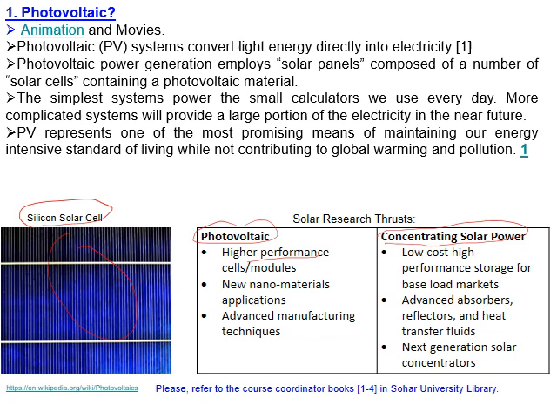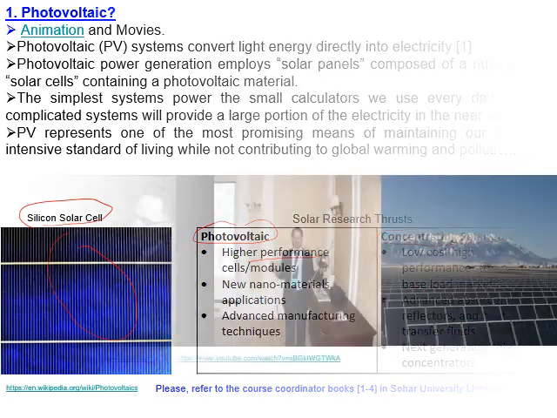Comparing with concentrated solar power, as you can see here, there is also low cost, high performance storage based on load market, and advances in absorber and reflector, and then the fluid used. They use nanofluid today, and the next generation is coming.